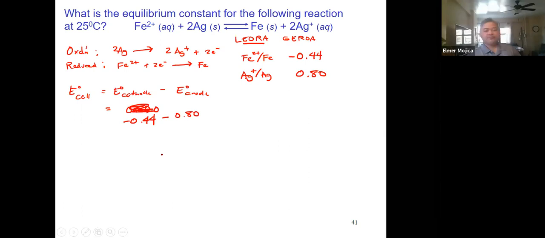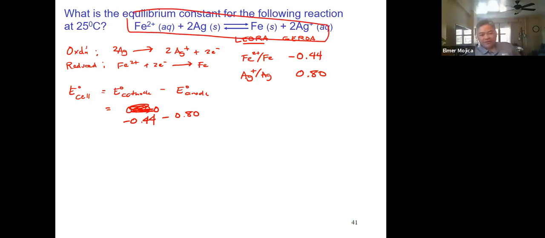Now, as you're going to see here, you may ask the question, Professor, why does the anode have a higher reduction potential than the cathode? And I'll give it back to you. Why? Because you have no choice. You're given this reaction.